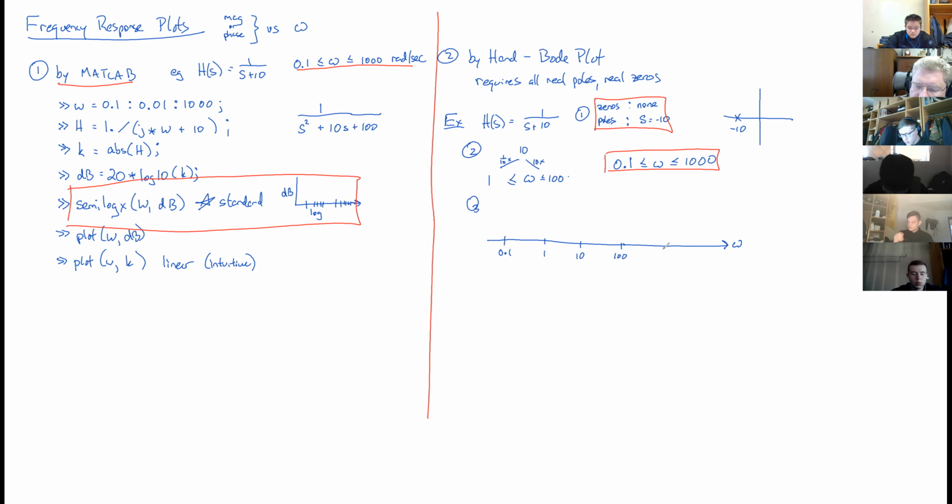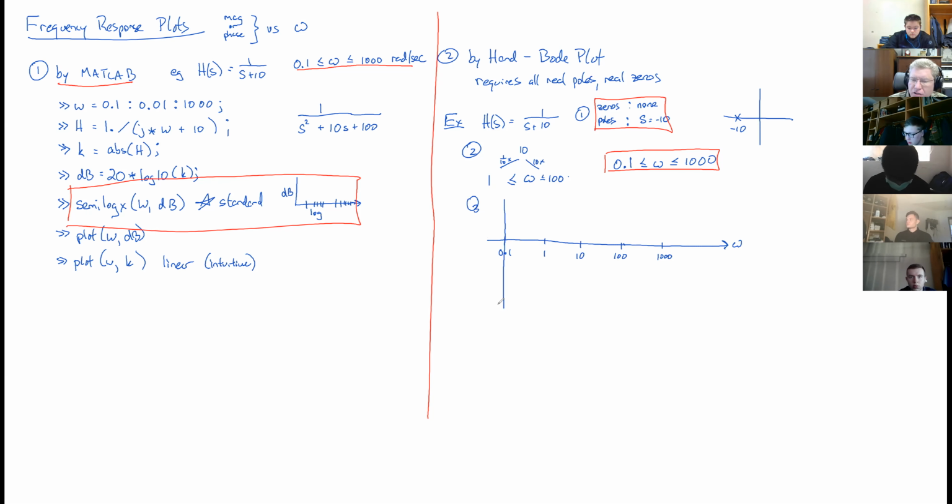And you'll fill in a logarithmic way what your omegas are. Notice that you can never get down to 0 omega if you're on a log scale.